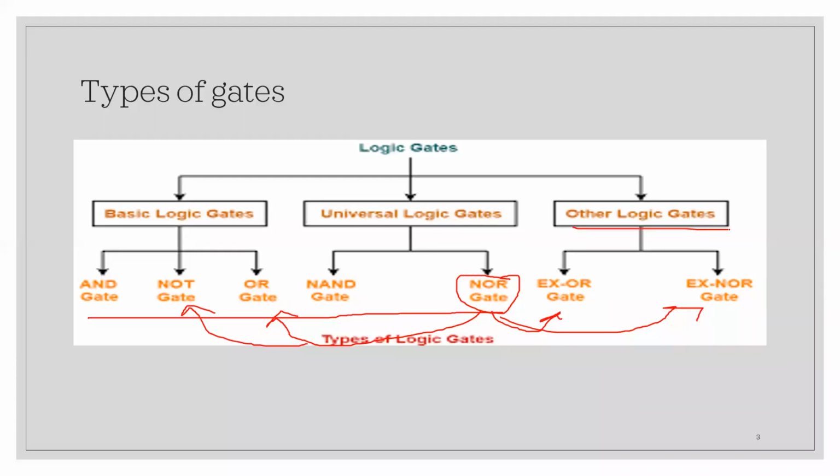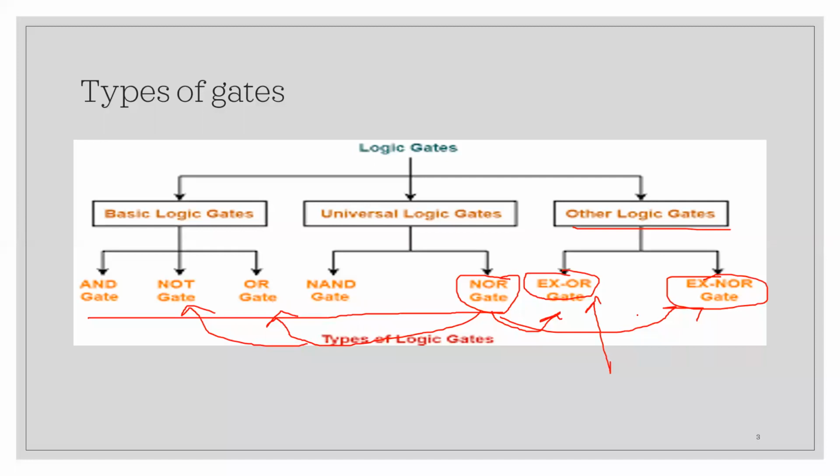So we have other logic gates, those are the XOR and the XNOR. Sometimes we call them parity check gates, because if you remember the truth table of XOR, when is the output of XOR high? Anyone can just inform.